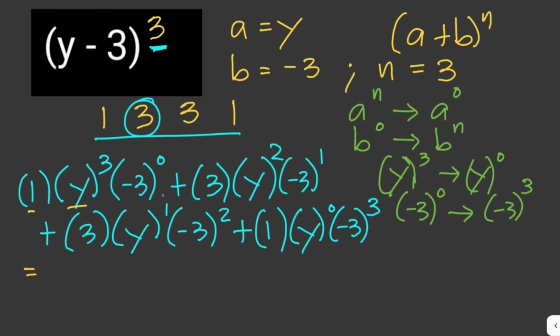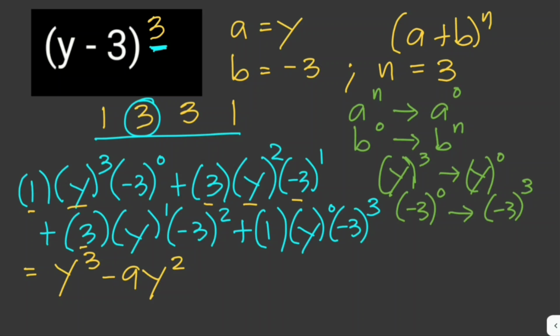1 times y cubed times negative 3 to the 0. So this is just equal to y cubed. And then 3 times y squared times negative 3 to the power of 1. 3 times negative 3 is negative 9 times y squared. This is negative 9y squared.